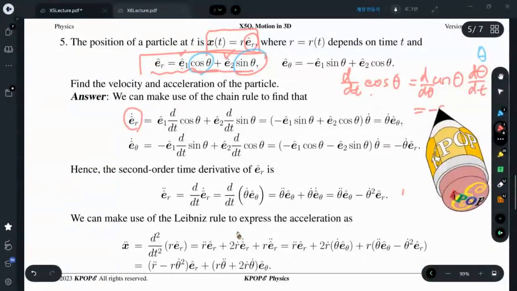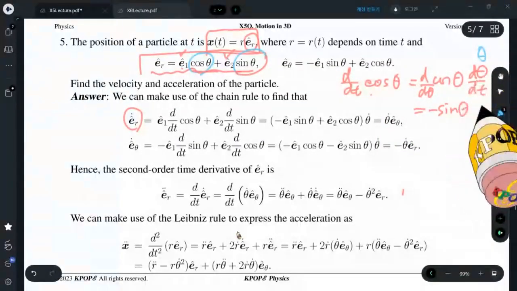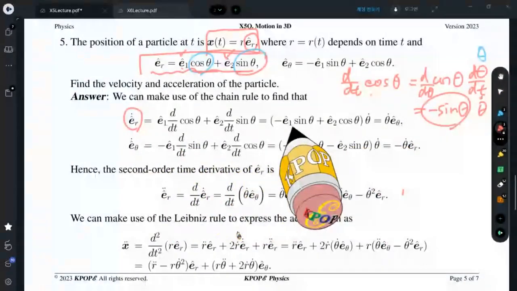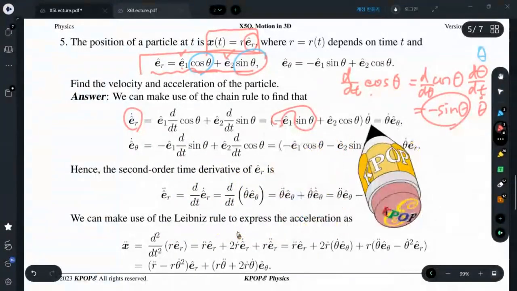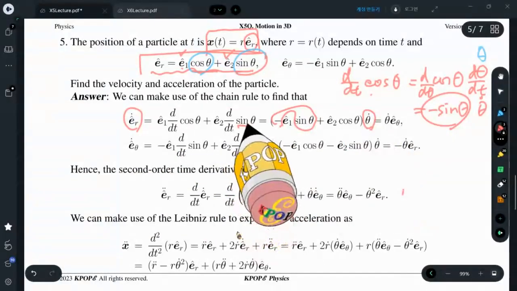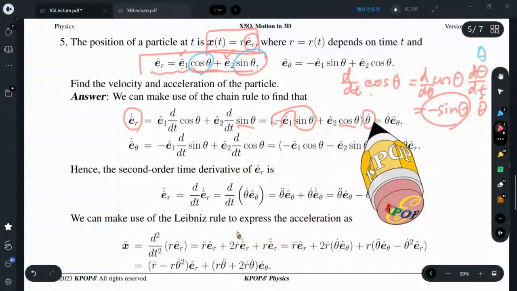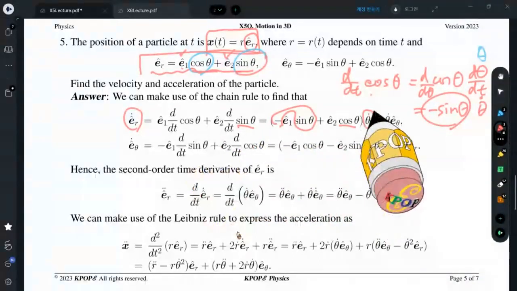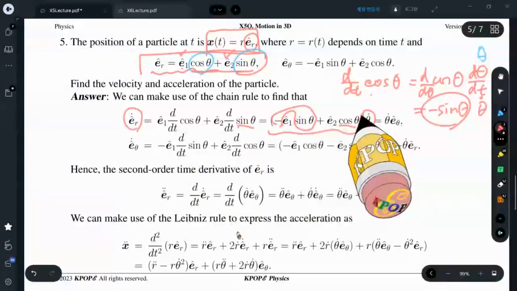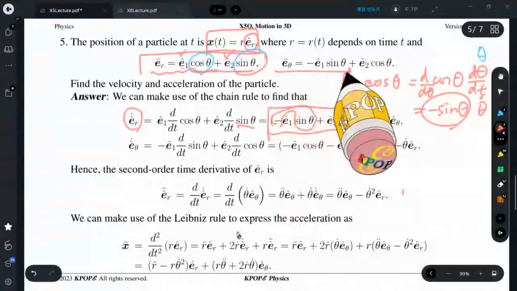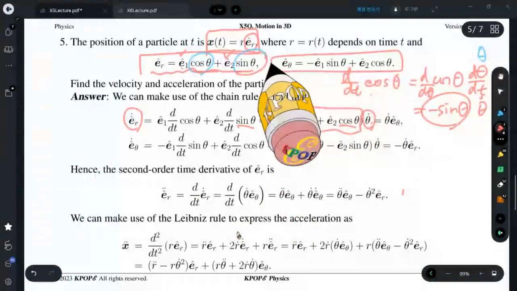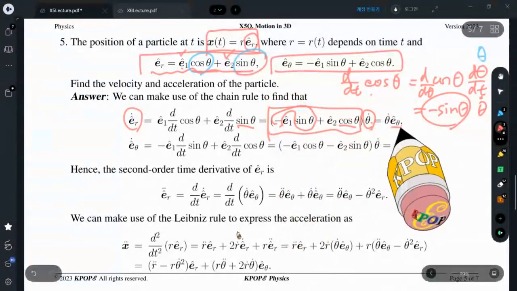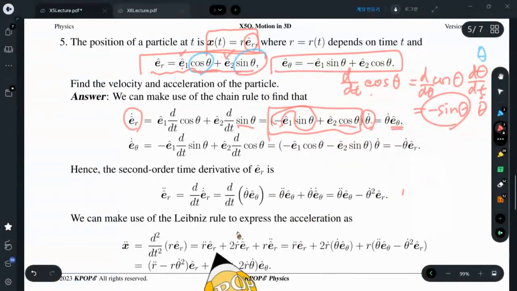So we know this is minus sine and this is theta dot. So minus sine theta dot. Here, this guy becomes cosine theta dot. So we find that the coefficient of theta dot is nothing but the unit tangential vector. So we can rewrite this as theta dot multiplied by e_theta.